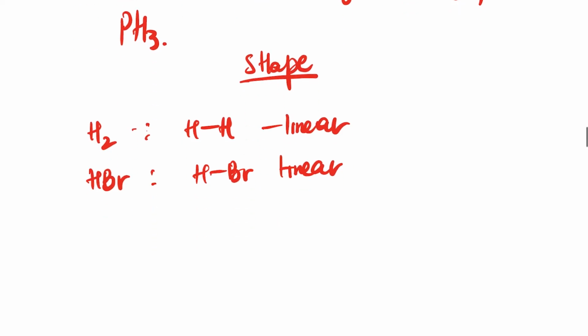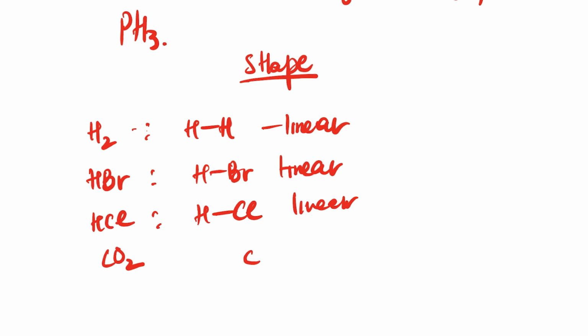It's very important. The HCl is also linear, right? Okay, now let's take the carbon dioxide. The central atom is carbon and then two oxygens. It has double bonds there. The name of the shape is also linear.